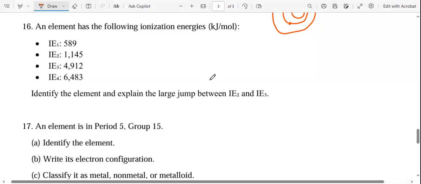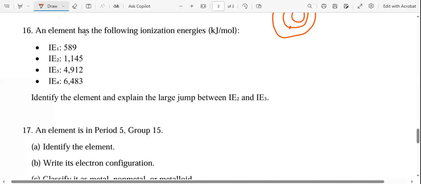The way you can identify this element is to look at the jump between E1 and E2. If you subtract these, E2 and E3, you find a certain value.